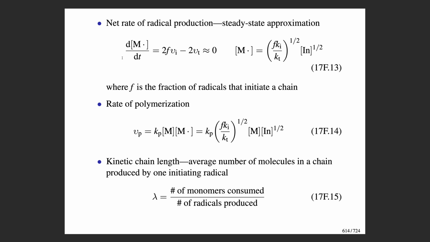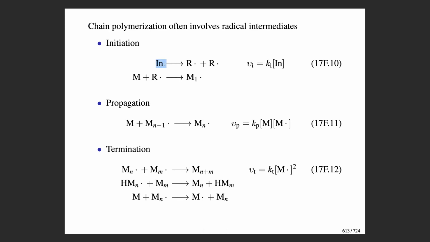And so let's look at the rate at which the radicals are produced. Okay, and so the radicals are produced in the initiation step. So for each initiation, there are two radicals produced, right? And then those go on to produce two chain radicals.